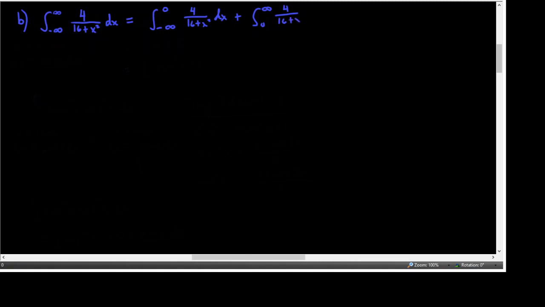So now the improper integral needs to be written as the limit of a proper integral. So since the lower bound is the one that is infinite, I'm going to make a go towards negative infinity and integrate, excuse me, from a to 0, 4 over 16 plus x squared dx.